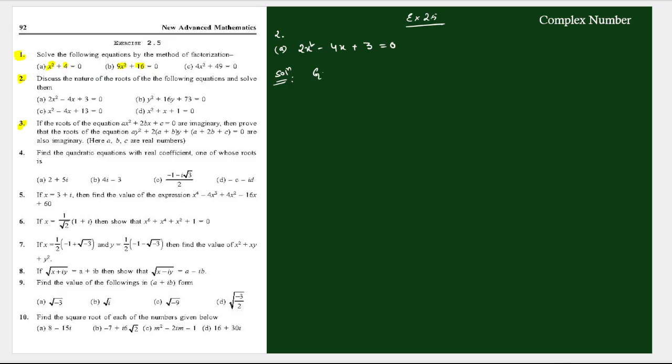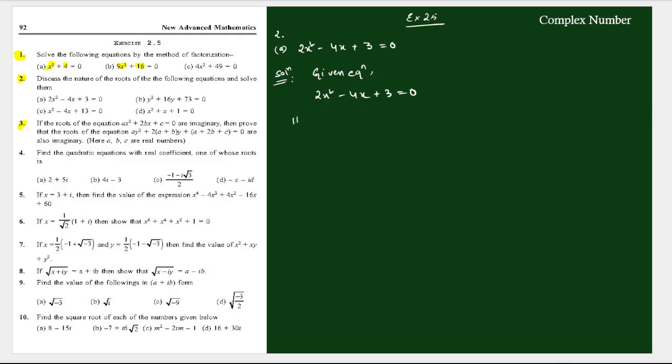Let's go. The given equation is 2x square minus 4x plus 3 equal to 0.